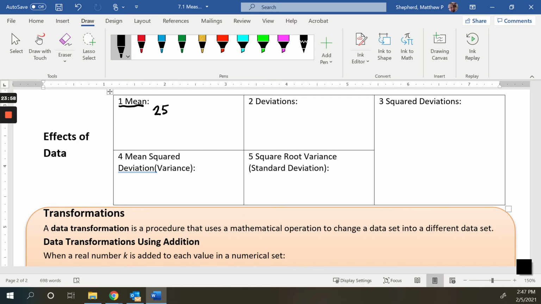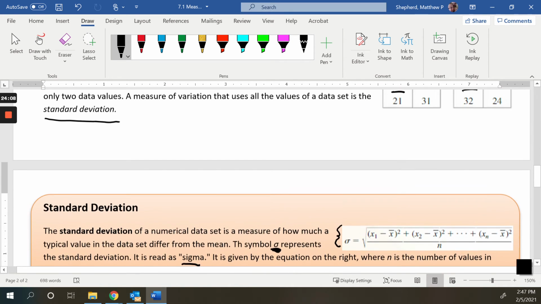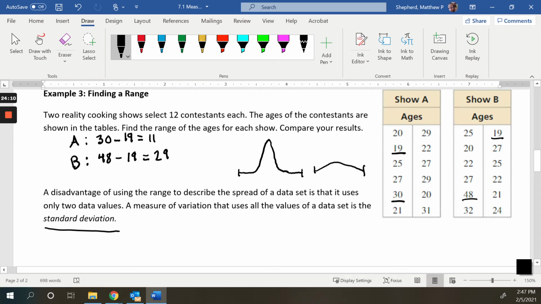Next, we would want to calculate all of the deviations. So what I'm going to do is take a look at all the numbers, and we're going to start subtracting them from 25. So let's do this.